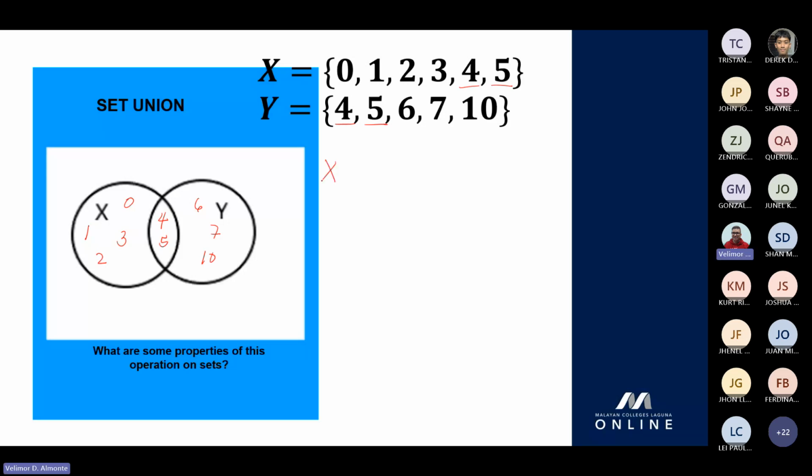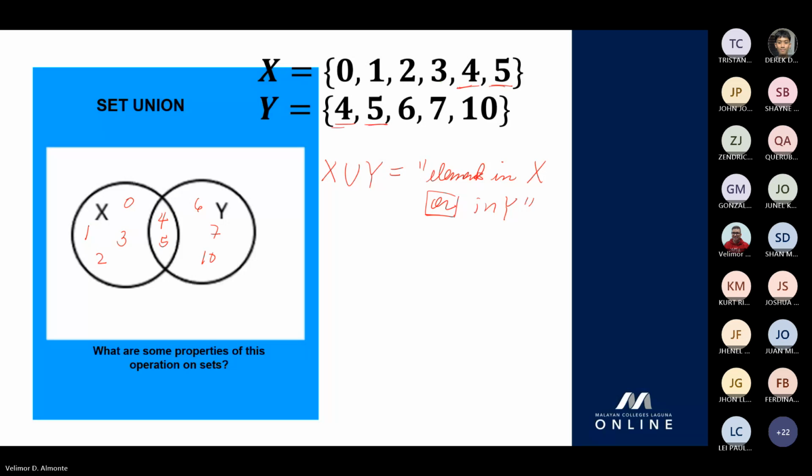The way we write union is like the letter U without a tail. This means the elements in X or, logical connective, in Y. The or here is inclusive or. If you attended our logic session, it allows for an overlap.